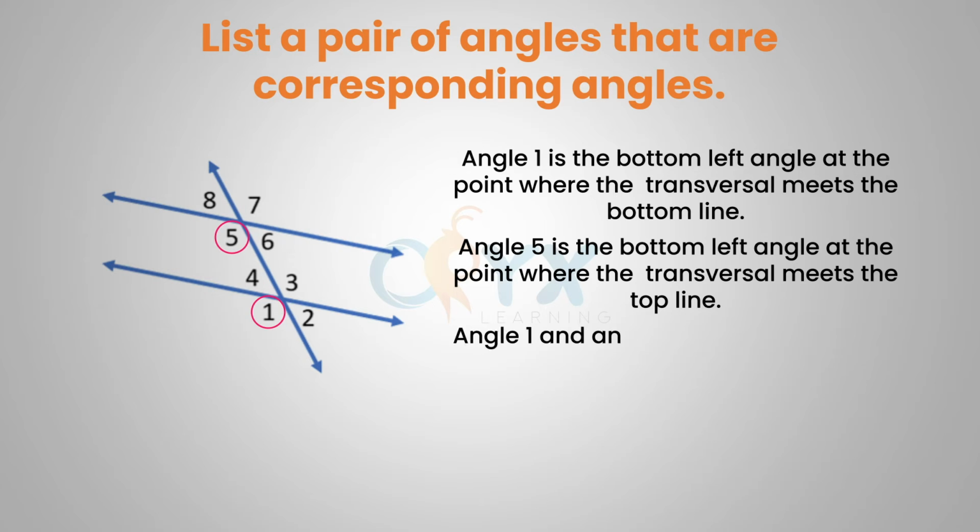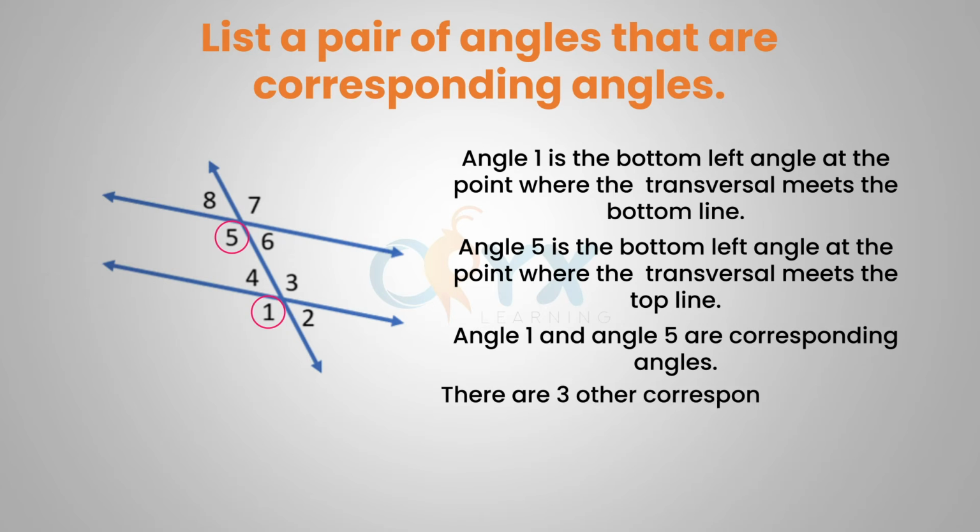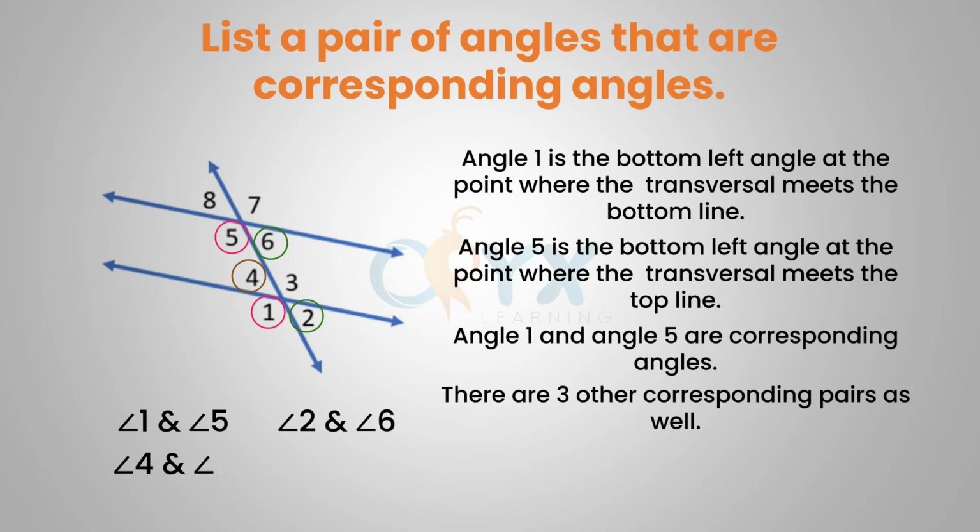So angle 1 and angle 5 are corresponding angles. There are also three other corresponding pairs as well. These angles would be angle 2 and angle 6, angle 4 and angle 8, and angle 7 and angle 3.